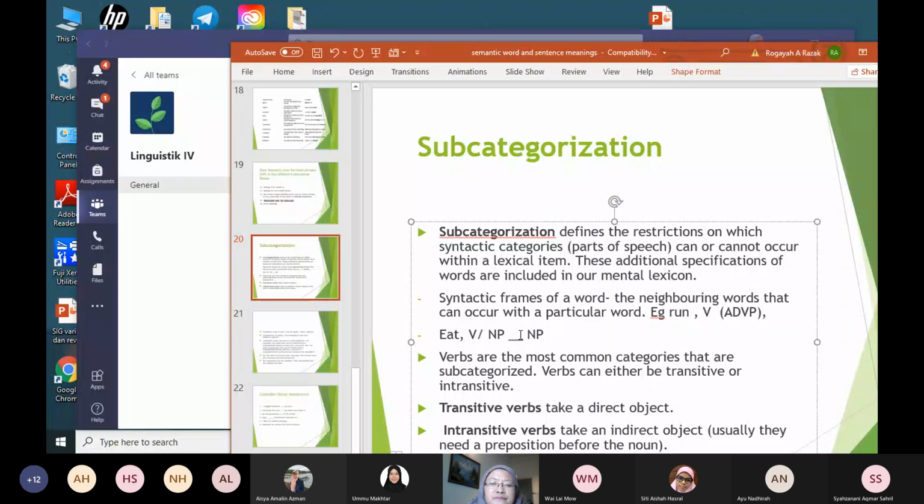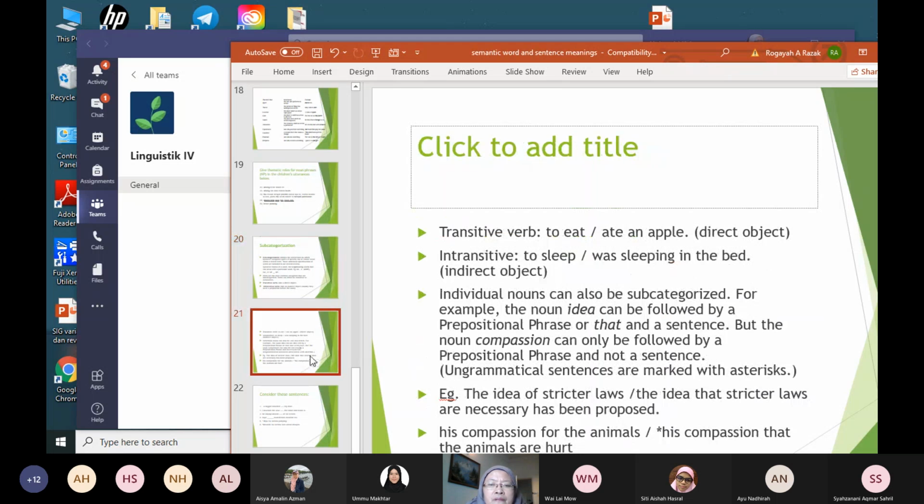What can occur with the verb. So the verb is here, the middle part, and what can occur with it is a noun phrase, and another noun phrase. But for intransitive, you only have the verb, and optionally you can have an adverbial phrase or preposition phrase. So this is subcategorization.